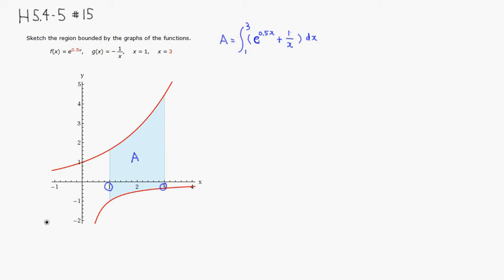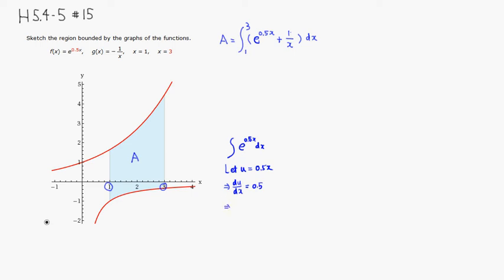To find the antiderivative of e to the 0.5x, I'm going to do it over here separately. I'm going to do a little substitution here. Let u be 0.5x. Then if you take the derivative of u with respect to x, you get 0.5.